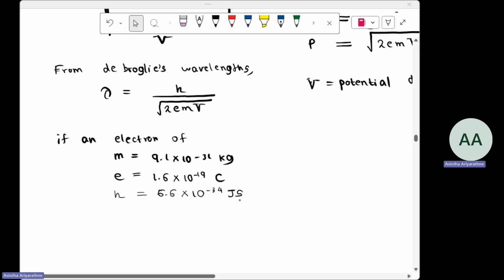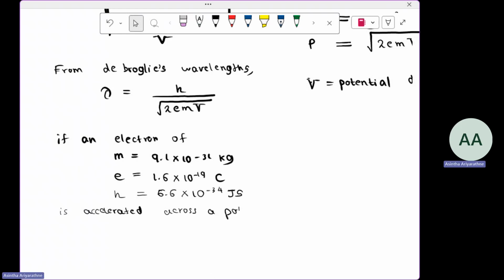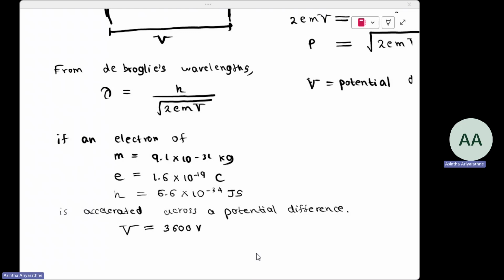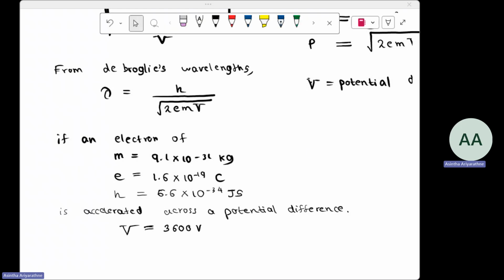And if the electron is accelerated across a potential difference of 3600 volts, the lambda you would get is of the order 10 to the power minus 11.